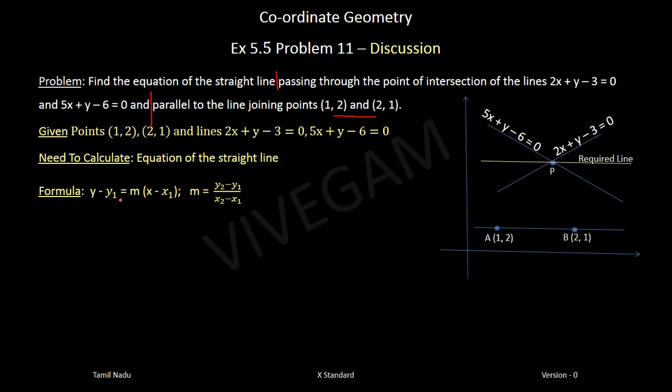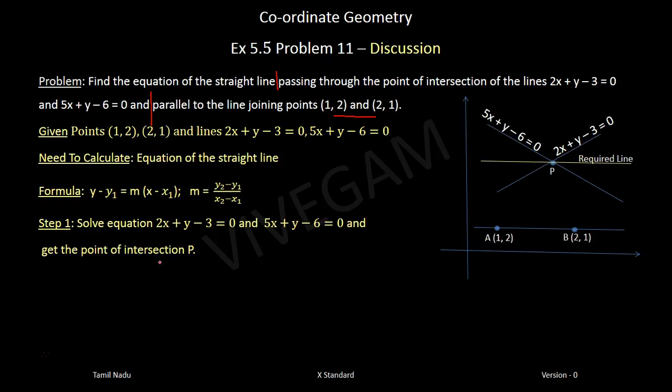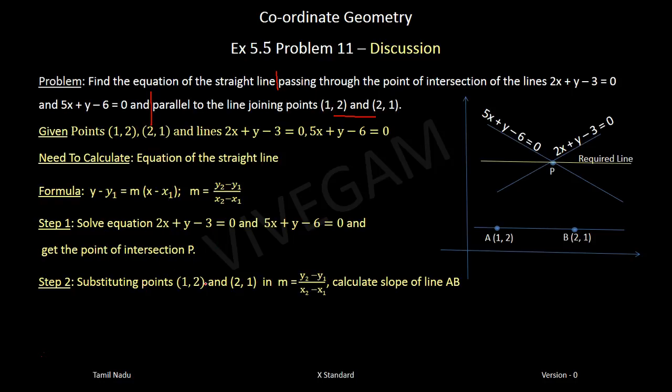The one point is given by solving these two equations, and the slope comes from these two points, given by y2 minus y1 divided by x2 minus x1. So let's list out the steps. Step 1, solve the two equations and get the point of intersection P. Next, substituting the points (1, 2) and (2, 1) in the formula m equal to y2 minus y1 divided by x2 minus x1, calculate the slope of line AB.